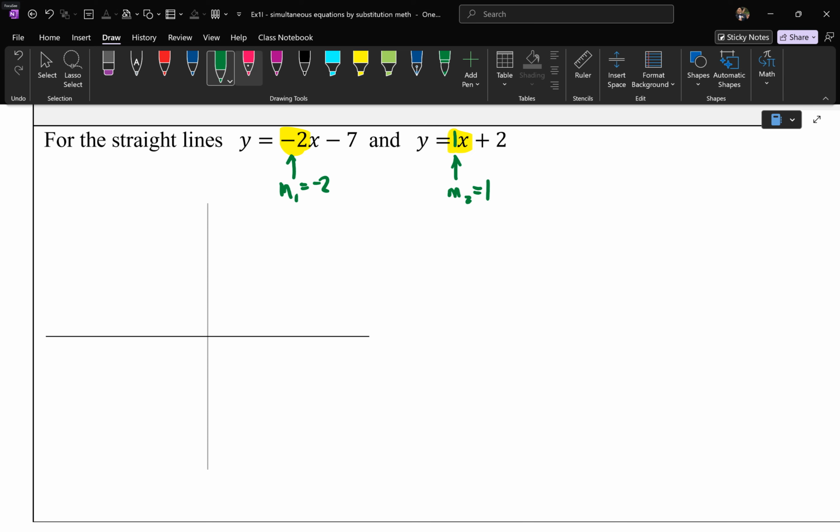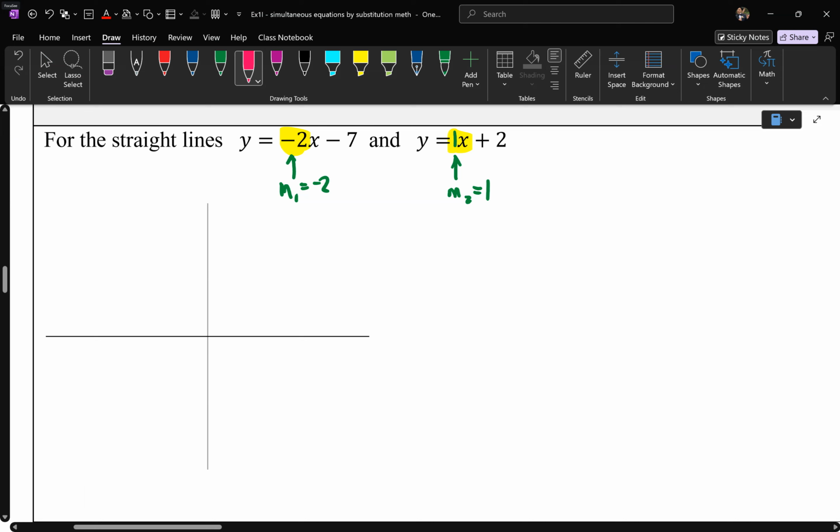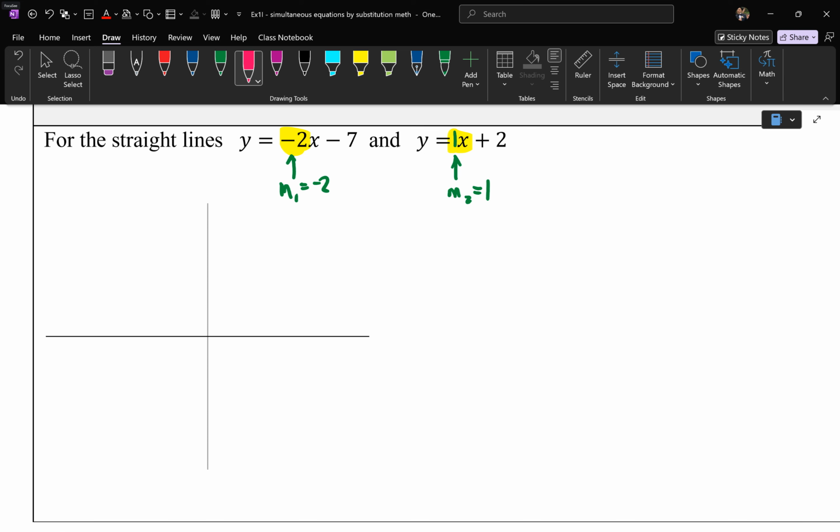Number 2, here's the theory. If these two lines have different gradients, we know they intersect. That means at the point of intersection, they should both have the same x and y coordinates. Right now they are two different equations. When you sub x in, there's a different y value.